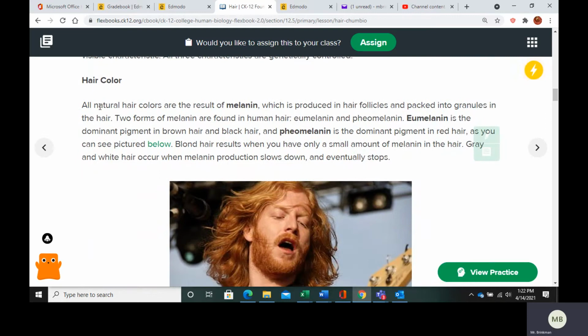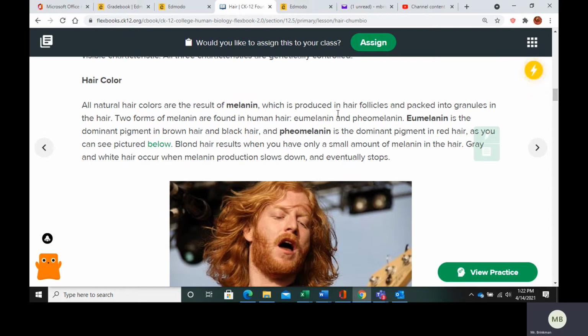So hair color, all natural hair colors are the result of melanin. So melanin is made in the hair follicles and packed into certain particles in the hair. Two forms of melanin are found in human hair: eumelanin and pheomelanin.